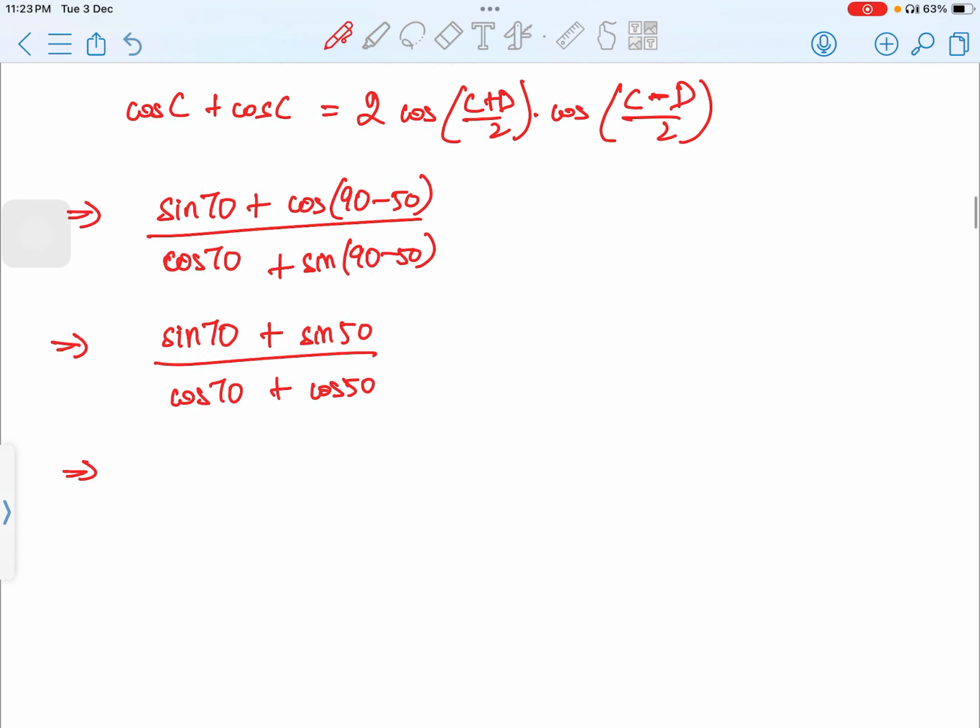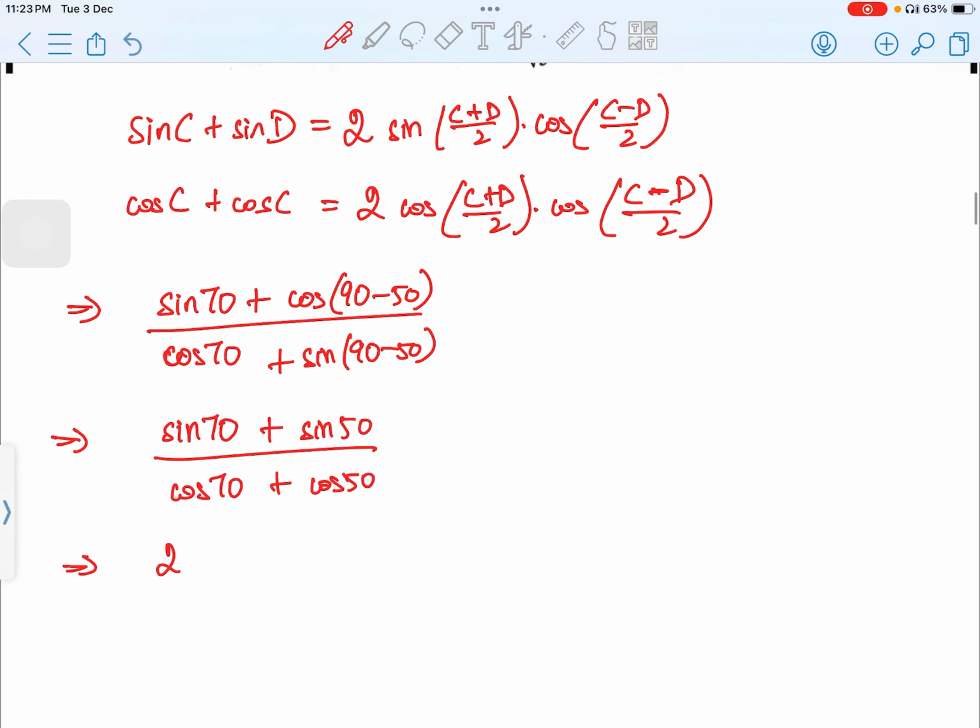So now when you apply the formula, 2 times sine of addition of both, 70 plus 50 divided by 2, it will become 120 by 2, 60. Subtraction, 70 minus 50 by 2, 20 by 2, so it will become 10.